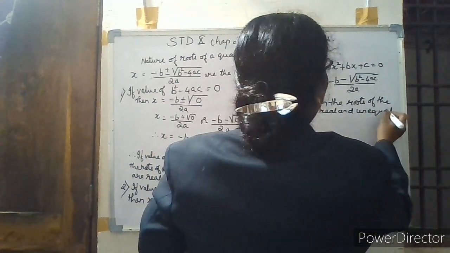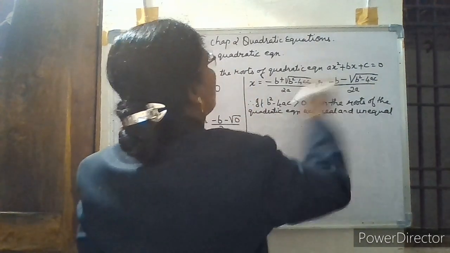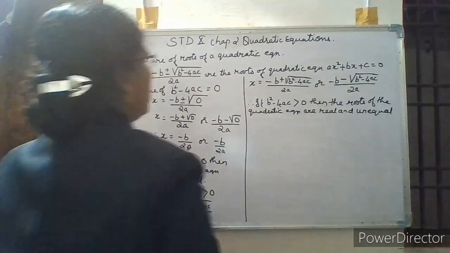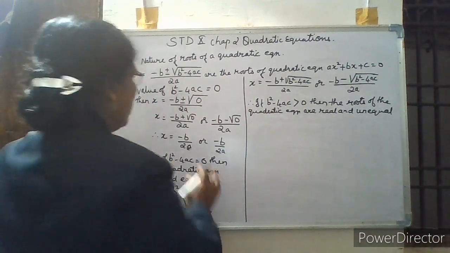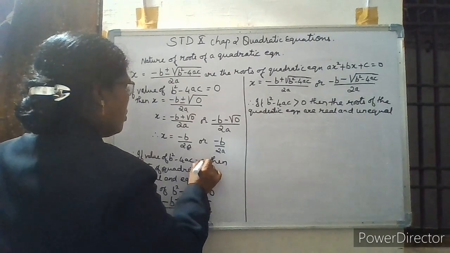They will be real and unequal. Two different roots we will get. Okay. Now the third possibility.